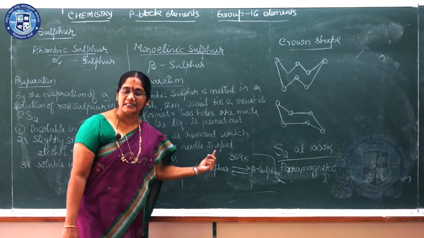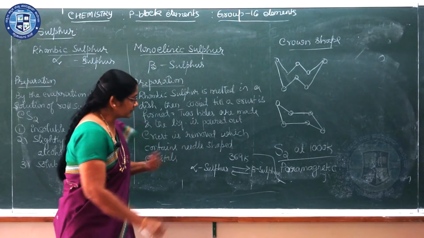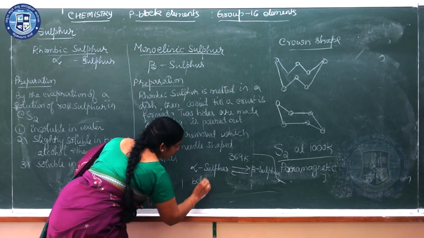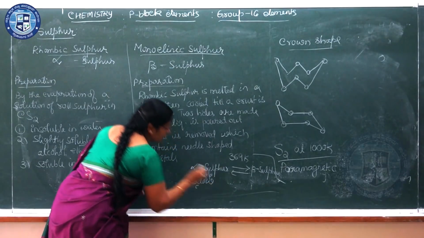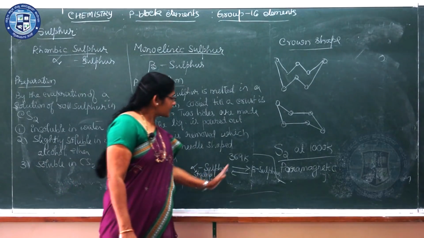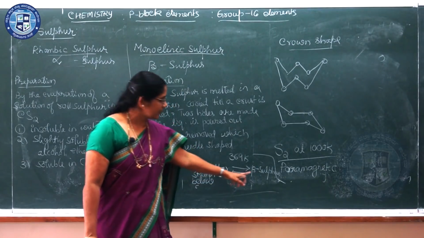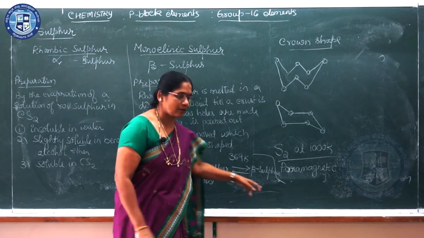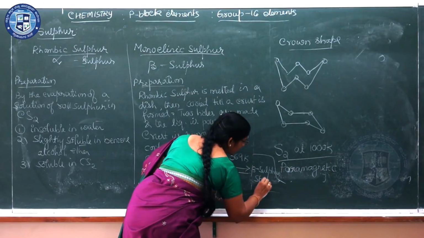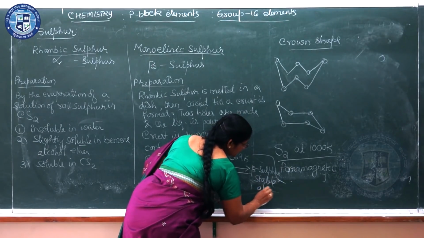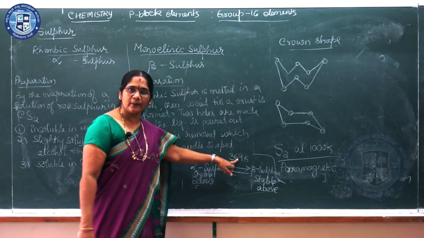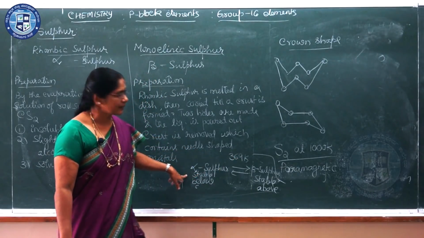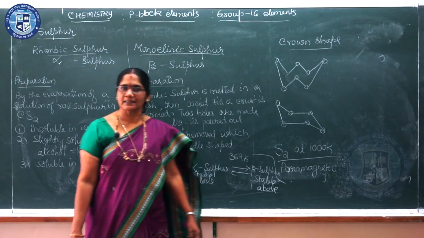Alpha sulfur is stable below 369 Kelvin. But once it reaches 369 Kelvin, it changes into beta sulfur, which is stable above 369 Kelvin. So below this temperature alpha sulfur is stable, above this temperature beta sulfur is stable.